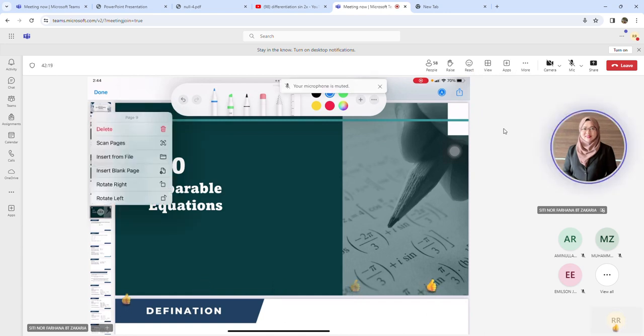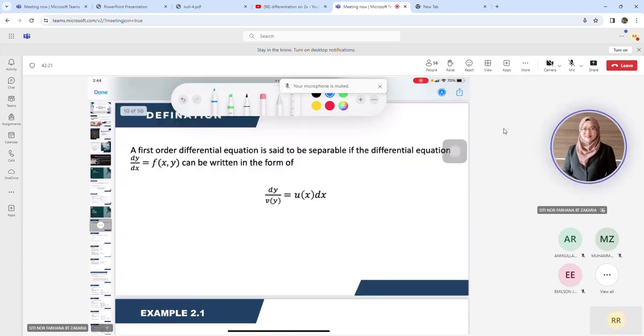Now we move to the separable equation. Okay. A first order differential equation is said to be separable if the DE can be written in this form. As I mentioned previously, first order and second order equations can be formed in many types of forms.